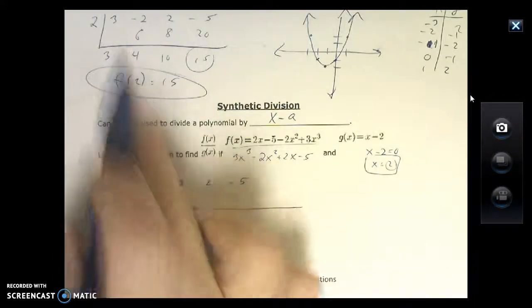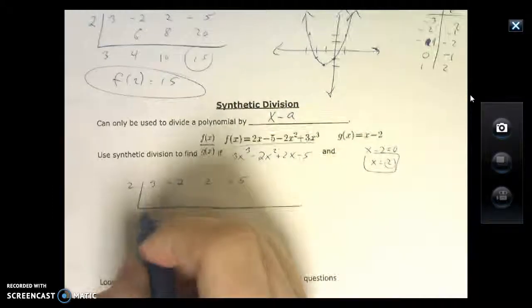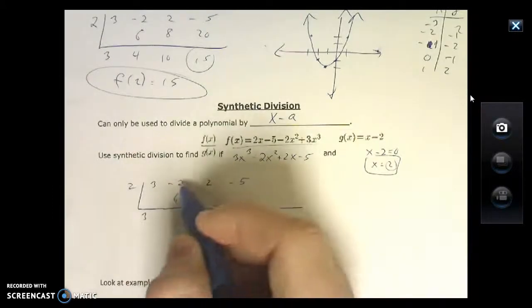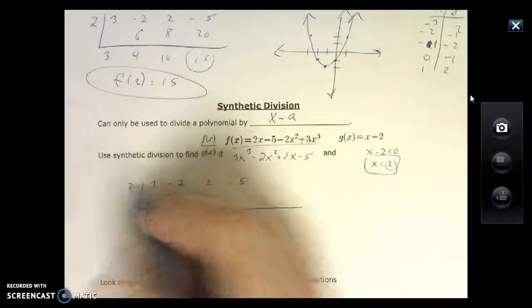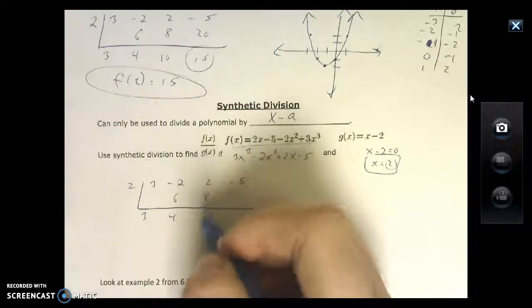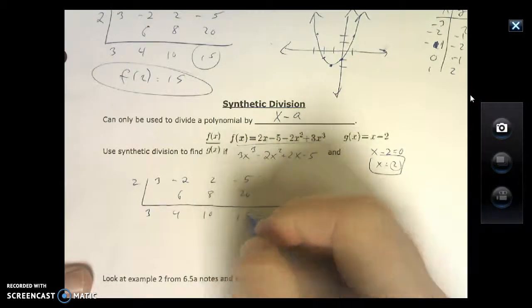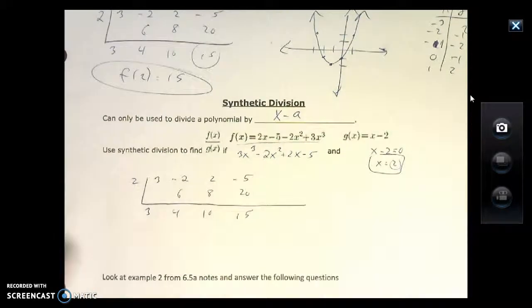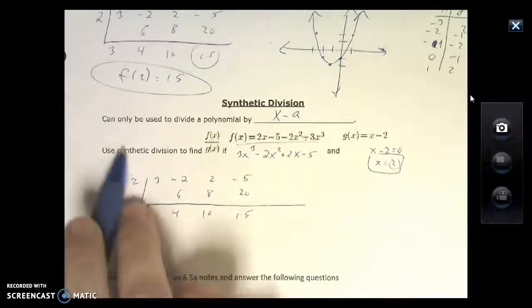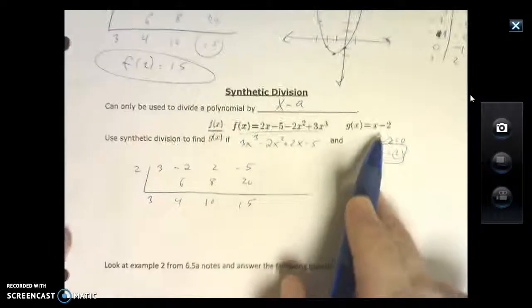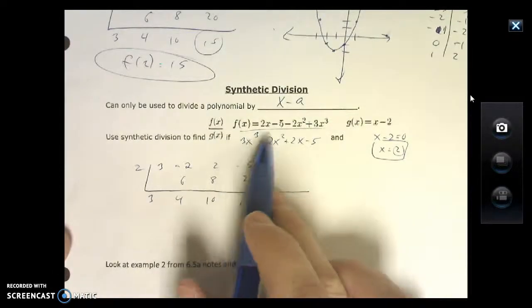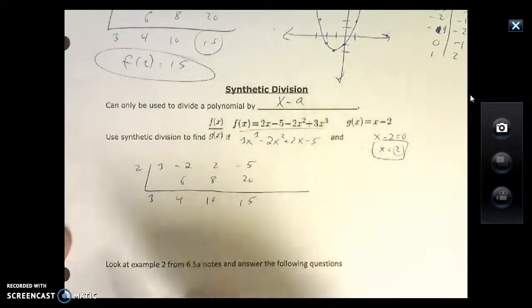And I'm going to do exactly like I did up here. Bring the 3 straight down. Multiply, 6. Add, 4. Multiply, 8. Add, 10. Multiply, 20. Add, 15. Now, we're dividing this, right? Now look what we started with. We started with an x cubed. When you're dividing it, you're lowering it by 1.